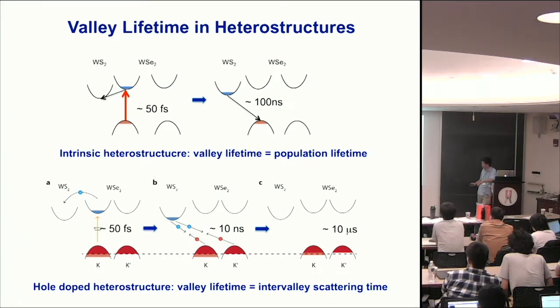This is what we have after, say, 10 to 100 nanoseconds locally. And this polarized hole population can diffuse. After a few tens of nanoseconds, there's no net charge density, but there's a net valley polarization. Exactly. Very interesting.